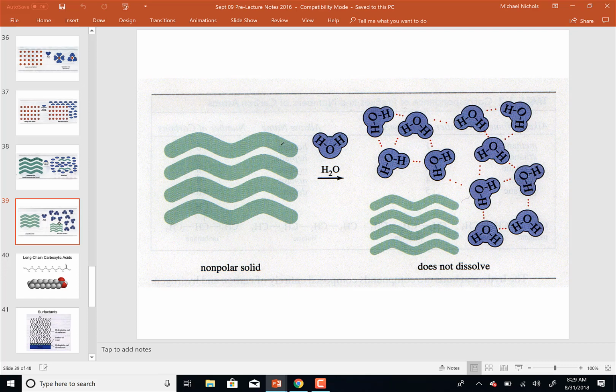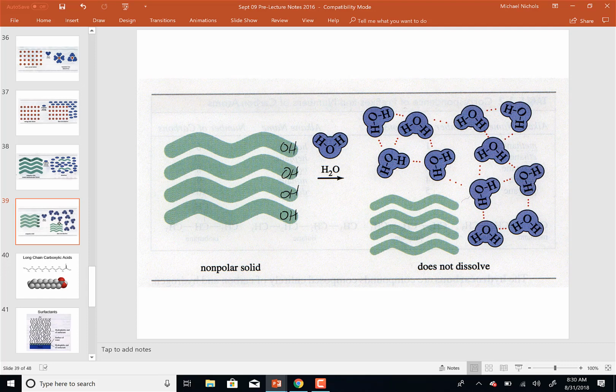Even if I put a nice OH group here, it wouldn't take a whole lot of energy to break the long-chained alcohol molecules apart. But the problem is, breaking them apart is not the energy that I'm going to need. I need to overcome the energy of breaking these apart, breaking the waters apart, and then having enough intermolecular forces between the long-chained alcohols and the water to make up for breaking the waters apart.